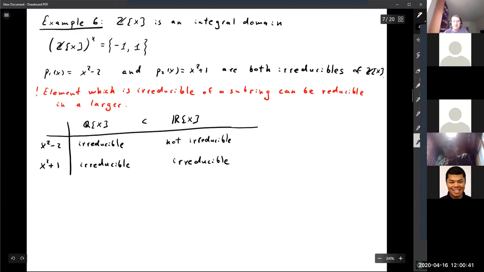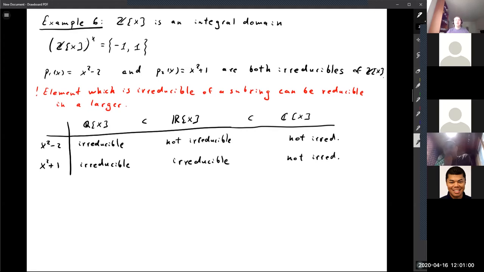And if we look into the ring of polynomials with complex coefficients, of course, both become reducible. So when you say that some polynomial is irreducible, it is important to specify in which ring it is irreducible.